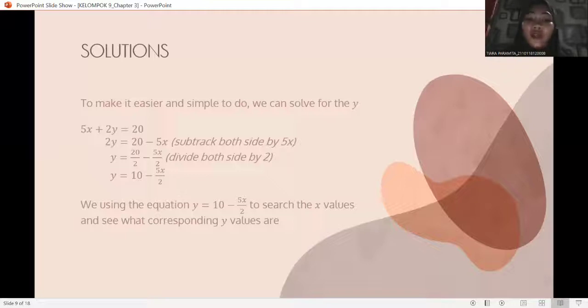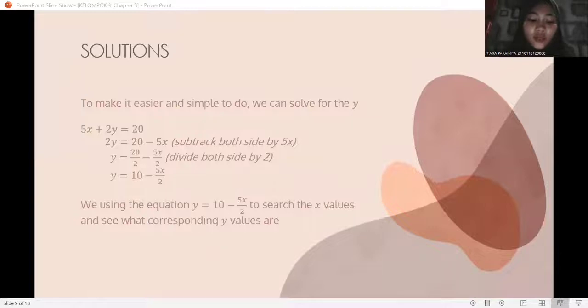Divided both sides by 2. We divided the right and left sides by 2.